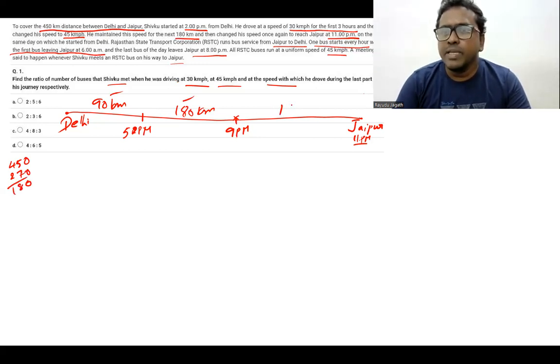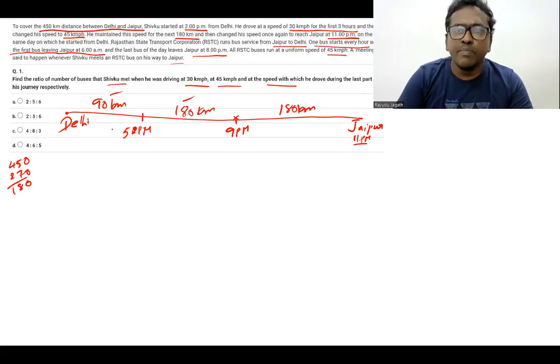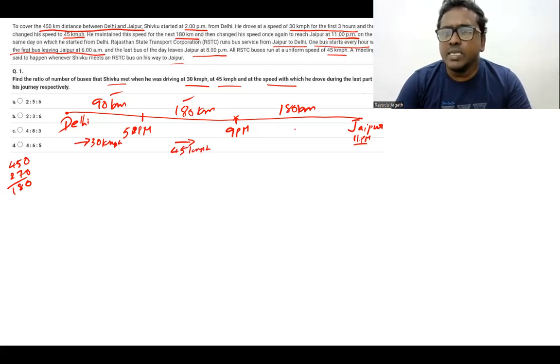So his speed will be 90 kilometers per hour during this part. So this part is at 30 kmph, he covered this with 45 kmph, and this distance he covered with 90 kmph.